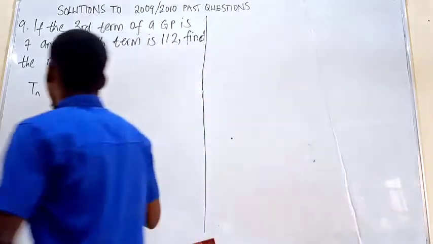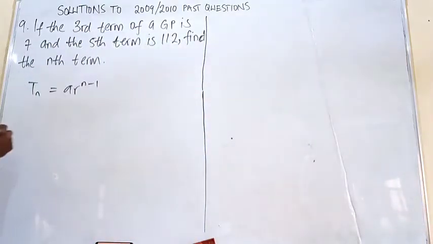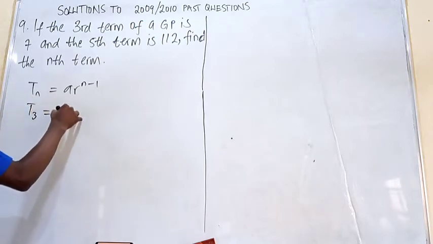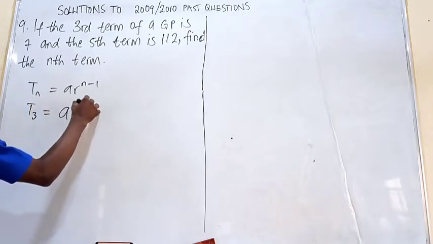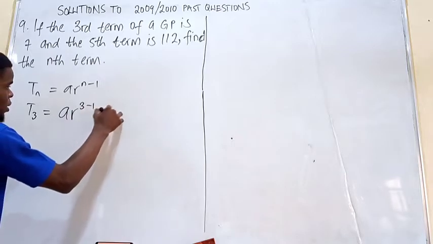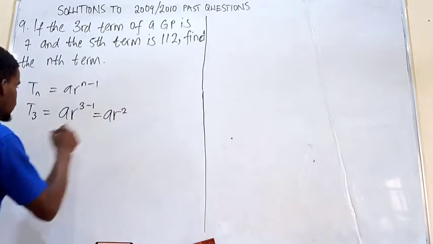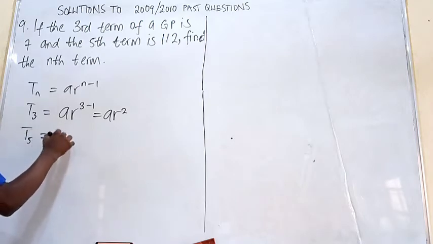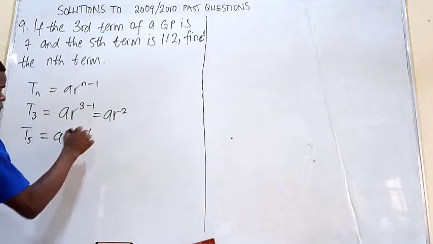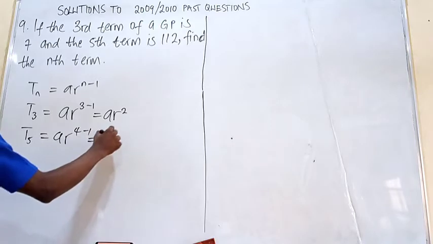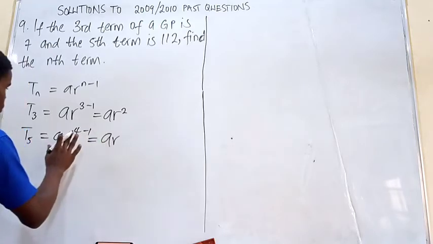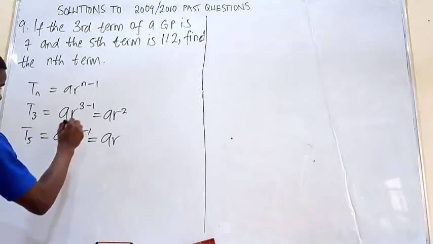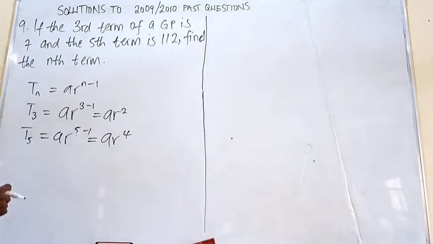Okay, right. So we will be talking about the third term. When we have the third term of a GP, it is given as ar raised to the power of 3 minus 1. That is ar raised to the power of 2. And the fifth term is given as ar raised to the power of 5 minus 1. Sorry, this is 3 minus 1, 5 minus 1. So that will be ar raised to the power of 4.